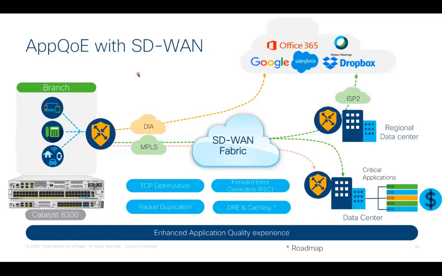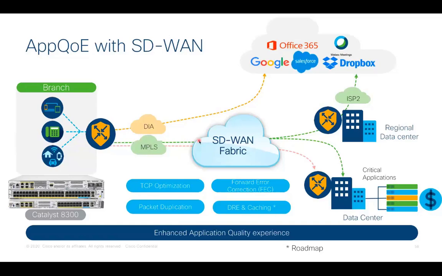So how can we address customer concerns with our Cisco SD-WAN AppQoE offerings? So Cisco has introduced a lot of features as part of AppQoE, namely TCP optimization, forward error correction, packet duplication, and data redundancy elimination techniques as a container-based application solution to better optimize the bandwidth over multiple WAN transports for SaaS application and business-critical application hosted in the enterprise data center or cloud provider environment.